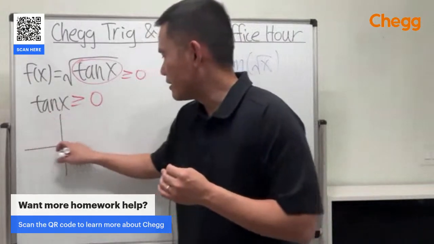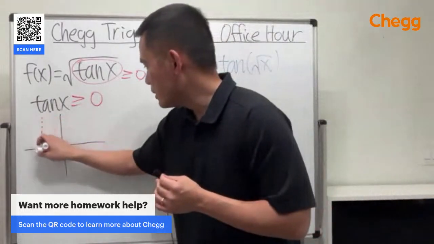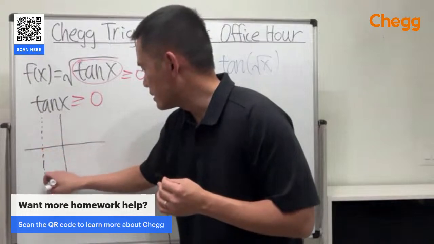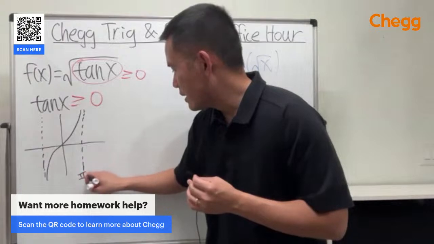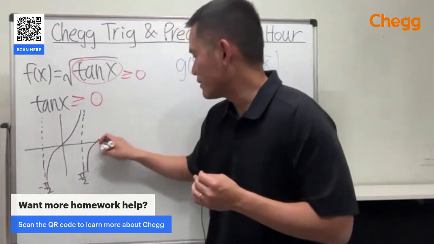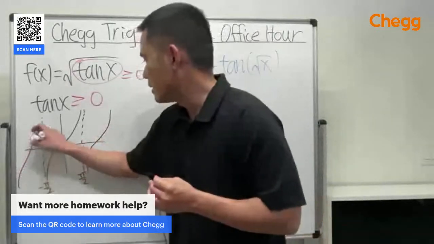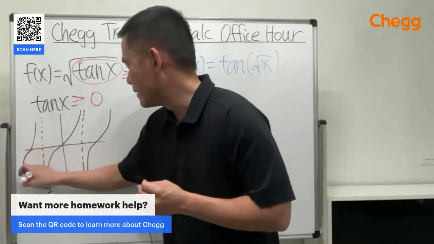I'm going to use the graph for tangent. I think this is how we can review the graph as well. If you talk about the graph of tangent, you'll get something like this. And this is the reason it's not easy to express your answer, because you have so many of these. That's a horrible looking graph, sorry.